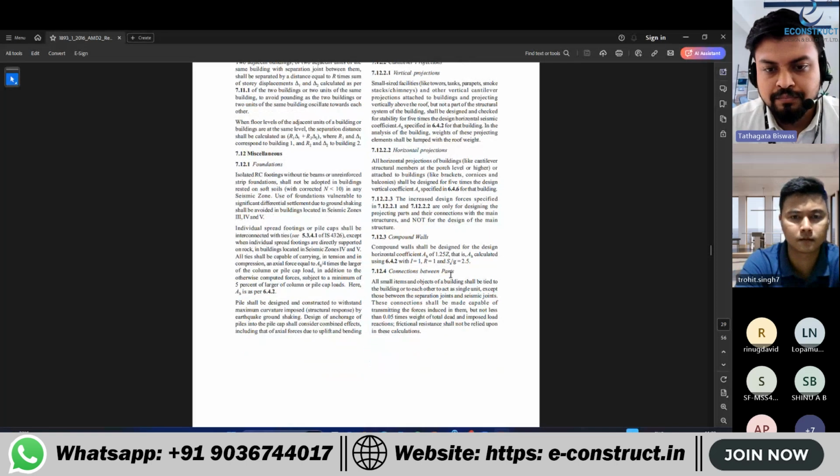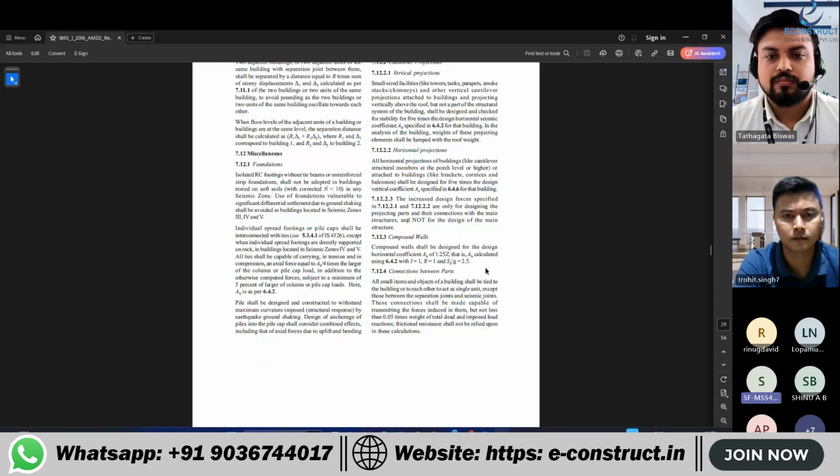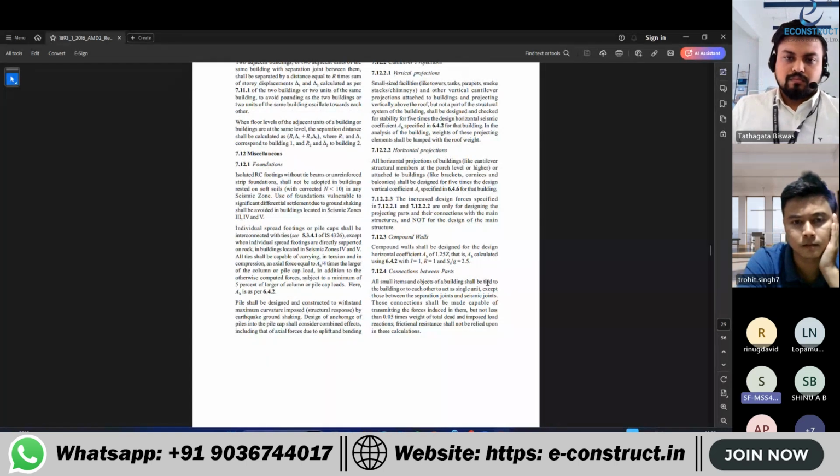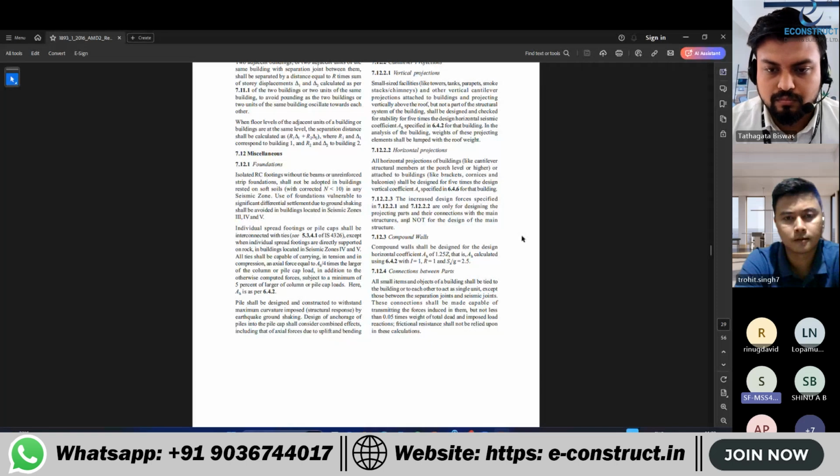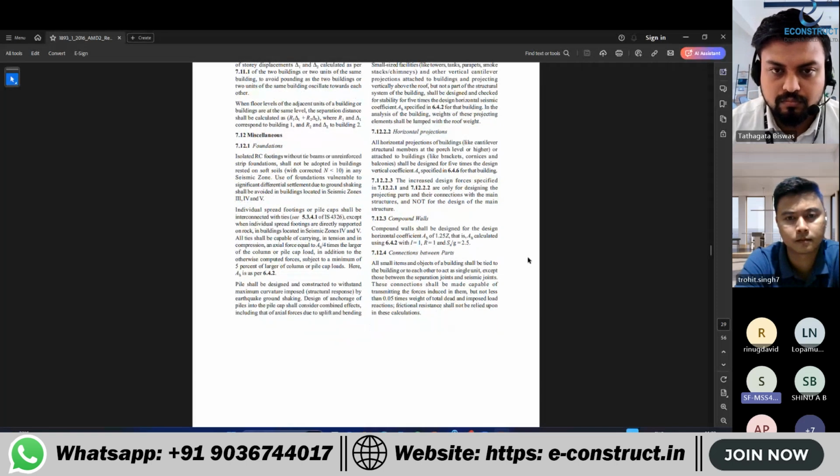Safe, you can read this, 7.12.2.3. The increased design forces specified in 7.12.2.1 and 7.12.2.2 are only for designing the projecting parts and their connections with the main structures and not for the design of the main structure.